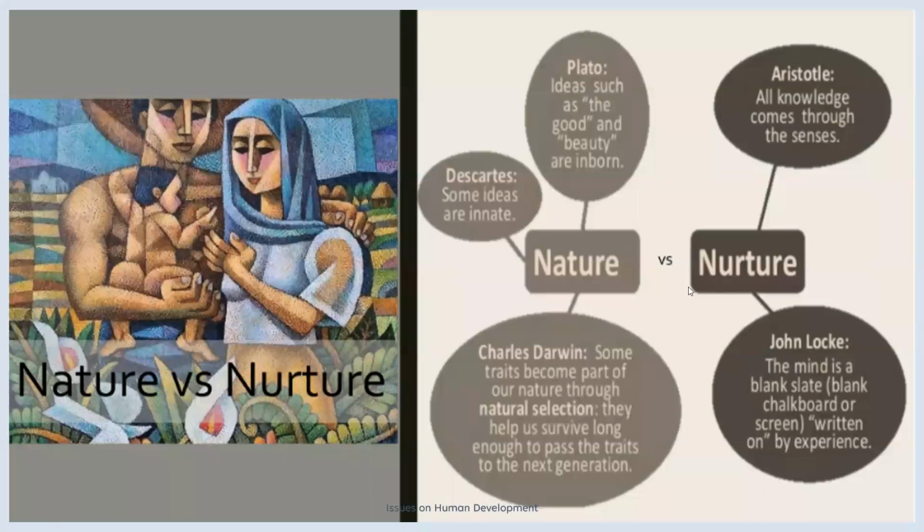Now when we say nurture, this is generally taken as the influence of external factors after conception. So for example, the product of exposure, life experiences, and learning on an individual.